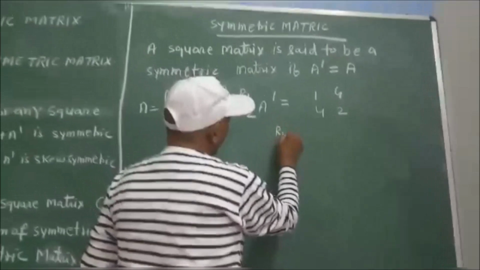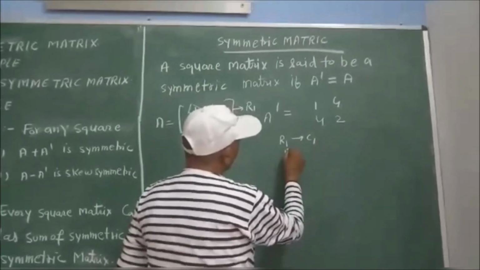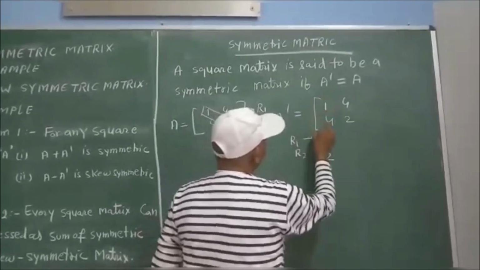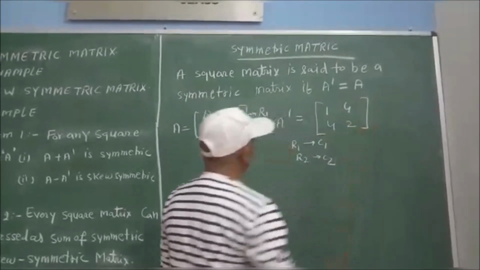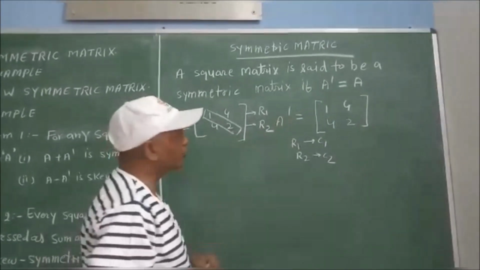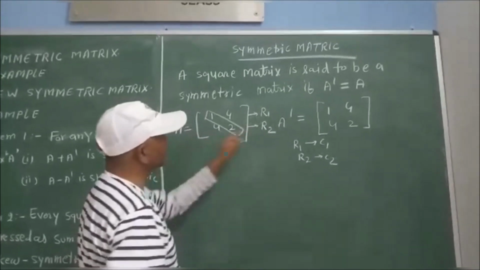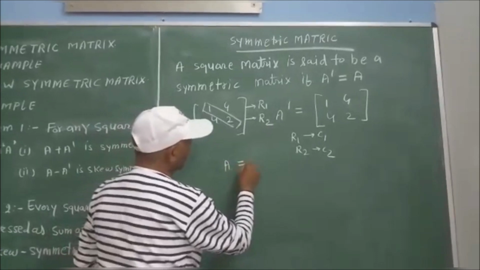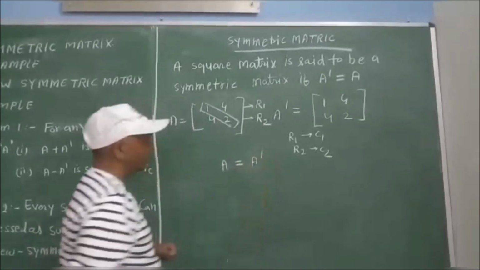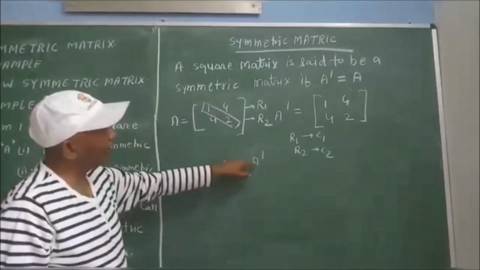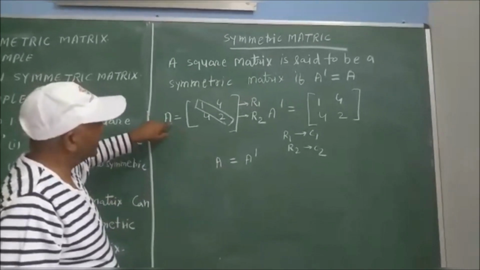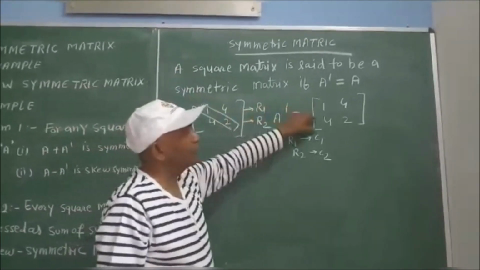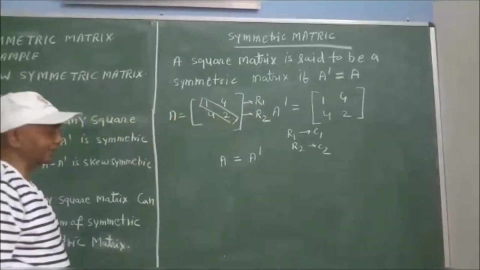By converting this we will get the matrix A transpose. So watch here, what is the difference between these two matrices? You will see no difference. A is equal to A dash, or A is equal to A transpose. That means A is a symmetric matrix because A and A transpose both remain the same matrix.